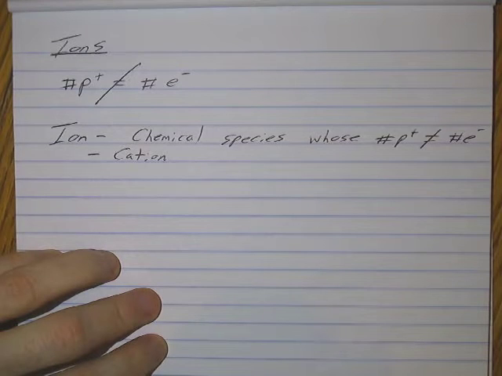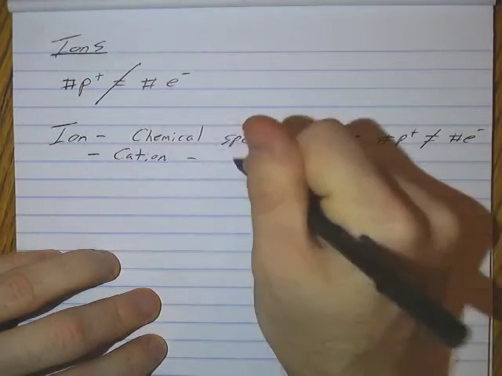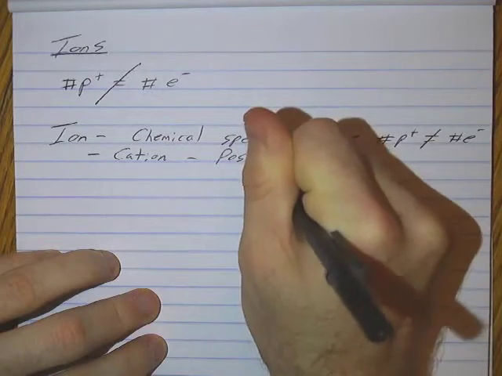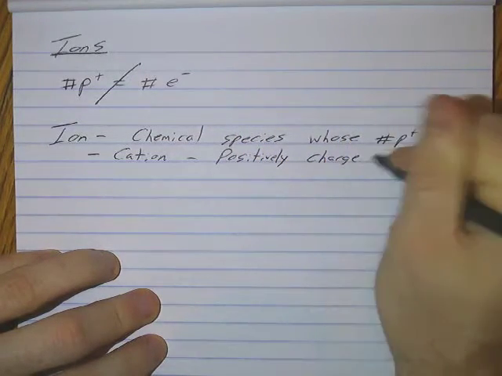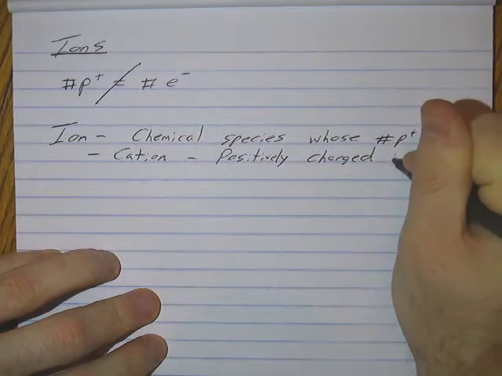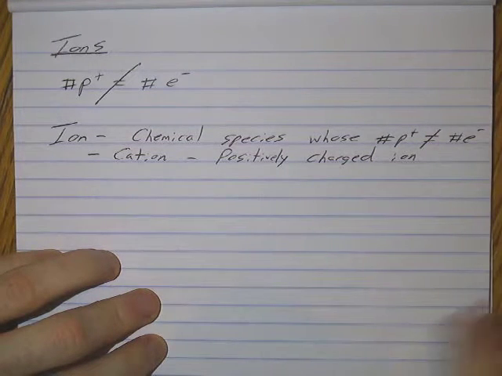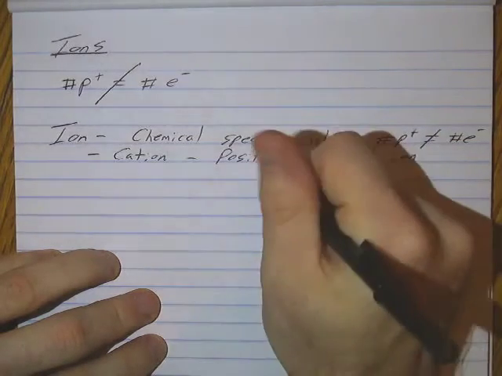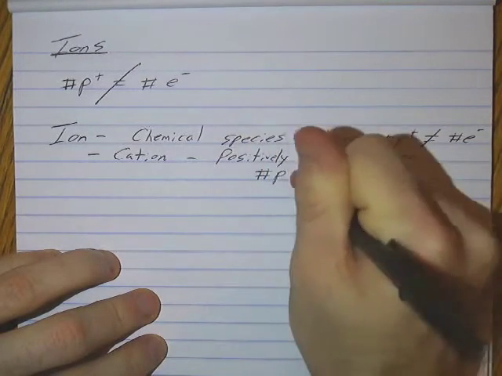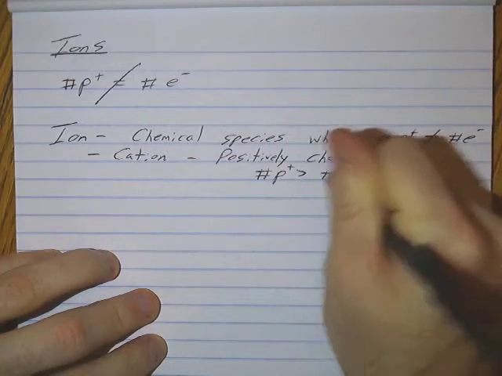A cation is a positively charged ion. And the reason why it's positively charged is because this is going to have more protons than electrons. So the number of protons is greater than the number of electrons.